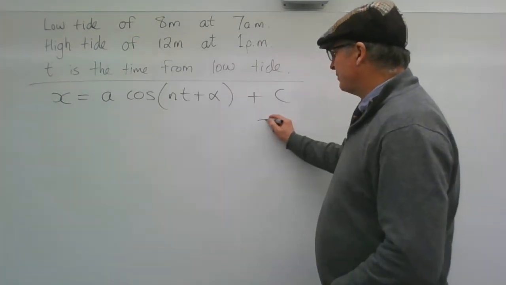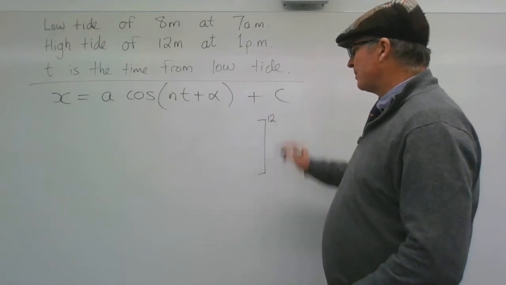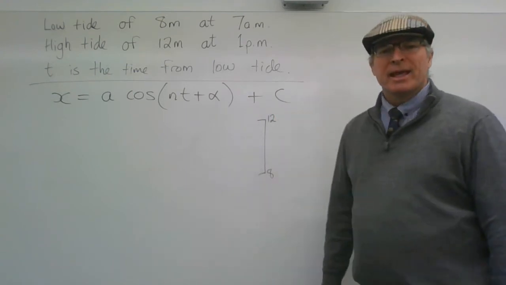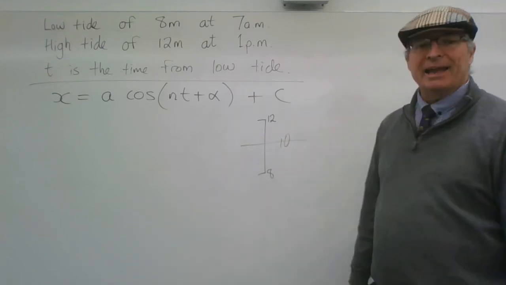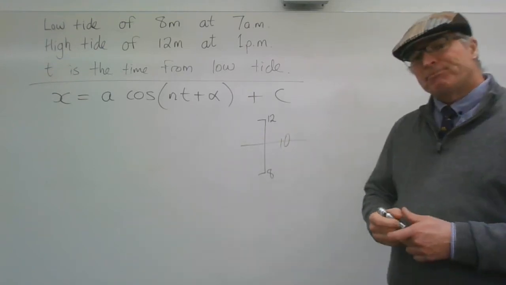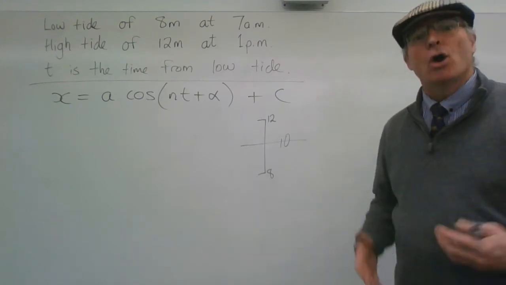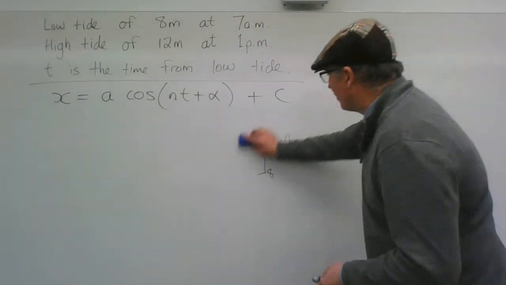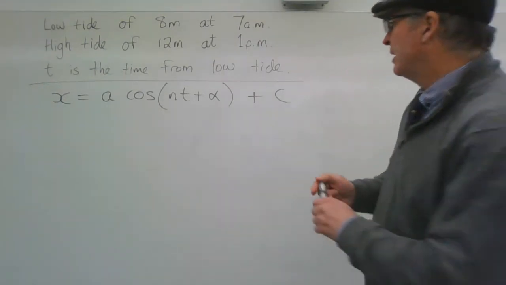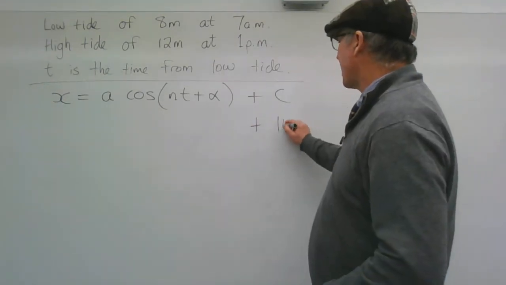So if it's at the top, it's up at 12, and at the bottom, it's down at 8, the center of the motion is clearly at 10. So our plus c will be 10. So I'm going to pop that in there. That's a pretty easy thing to see straight up. Our plus c is plus 10.